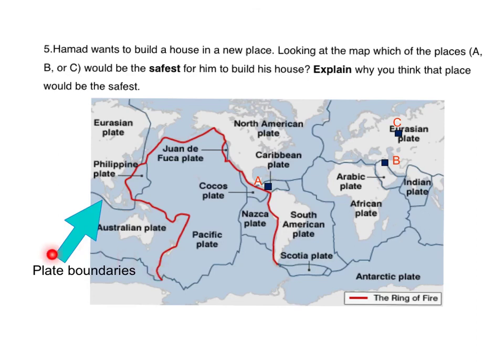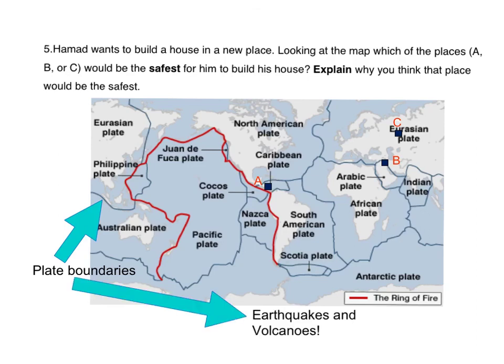I was looking to hear you refer to the plate boundaries, and I wanted to hear you say that location A and B would not be very safe because they are close to plate boundaries, and at plate boundaries we find lots of earthquakes and volcanoes. All right, the correct answer here was C. Location C would be the safest because location C is right in the middle of one of the tectonic plates, and it is far away from any plate boundaries.